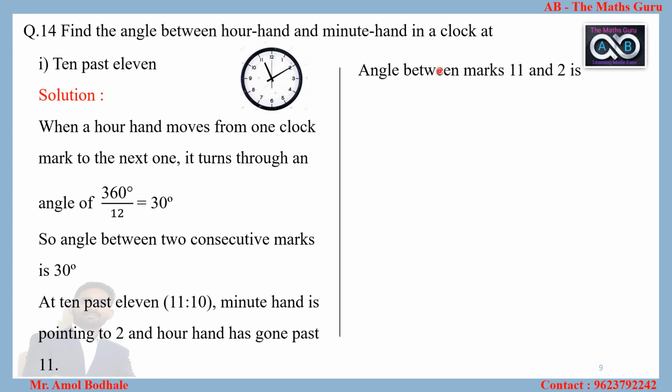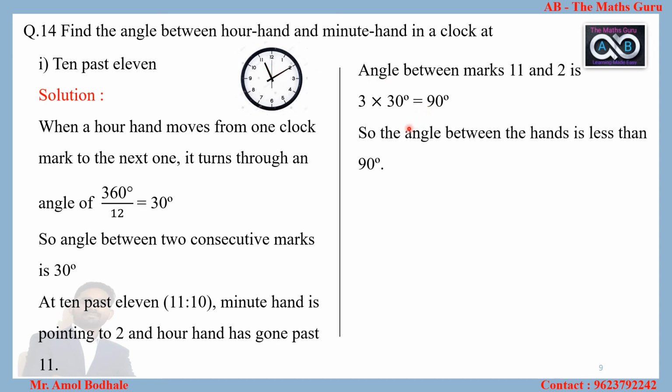So the angle between mark 11 and 2 is 3 into 30, which is 90 degrees. But the hour hand is not exactly on 11, it has slightly gone past 11. So the angle between the hands must be less than 90 degrees.